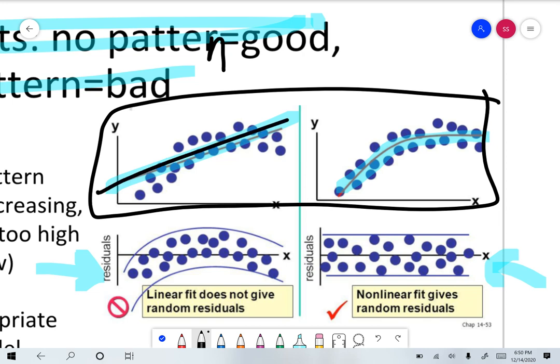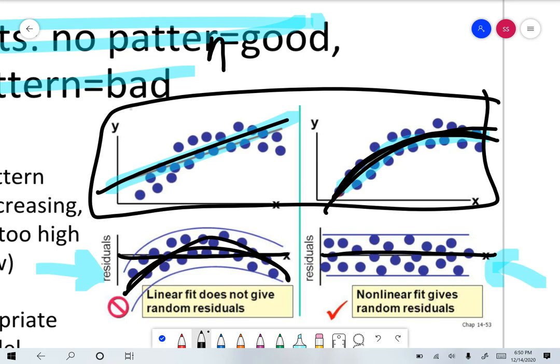We just use a linear line for one of them and an exponential line for the other. Now, the residual plots look different because here our prediction line was linear, but our data is not linear. Our data was more exponential. So on the exponential residual plot, it looks scattered.